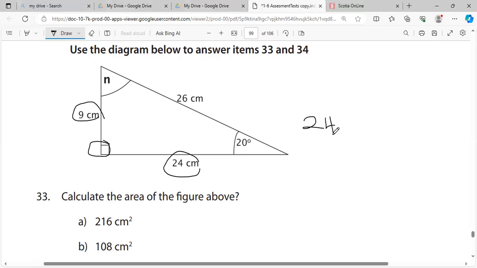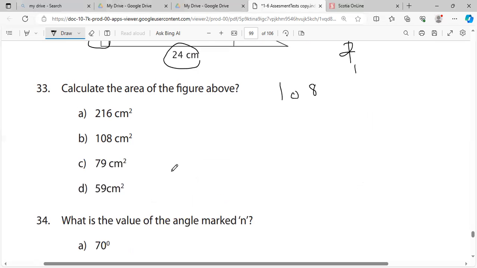So it's 24 times 9 divided by 2. 2 into 24 goes 12 times. So 9 times 12: 9 times 2 is 18, so 8 carry the 1. 9 ones are 9 and 1 is 10. So that's 108 centimeters squared. Remember, area is the number of square units that it takes to cover it.